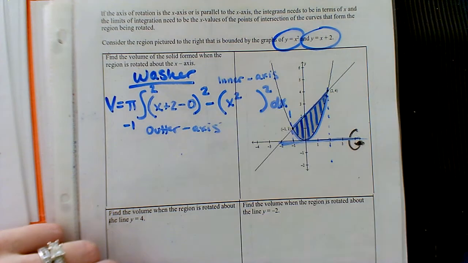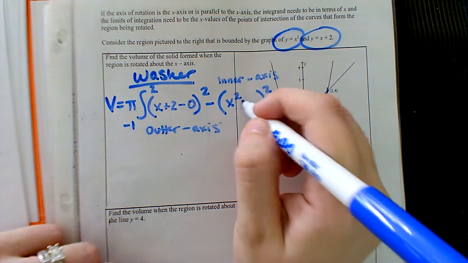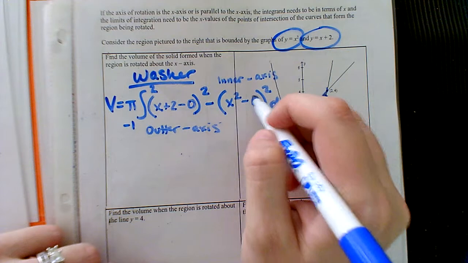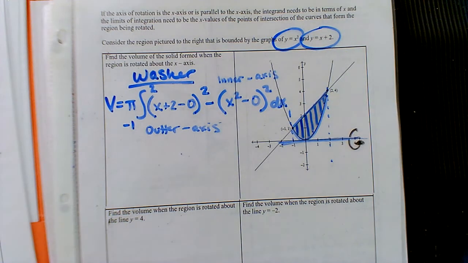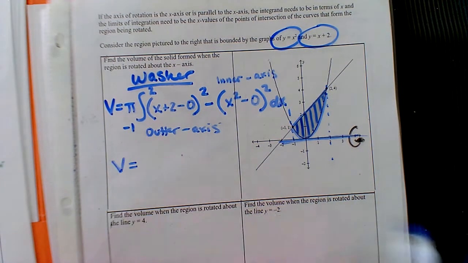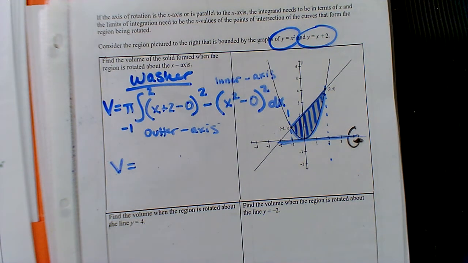So we would have x squared, minus the axis we're revolving around, the x-axis, so that would be a value of 0. So it's basically the disk method twice. We have to do it twice because we have an outer function and an inner function to consider. From there it's just going to be some calculator work. Type it in exactly as you see it.